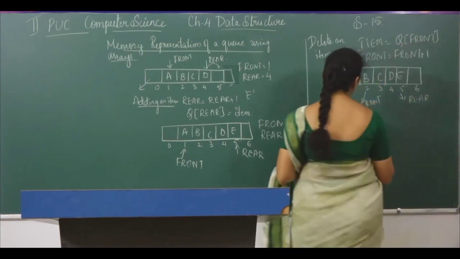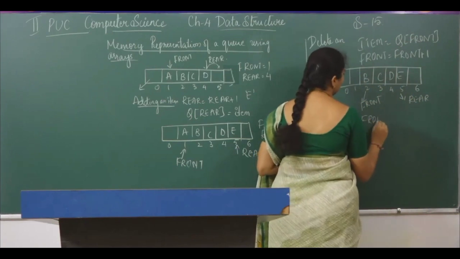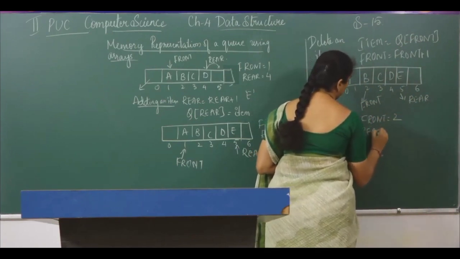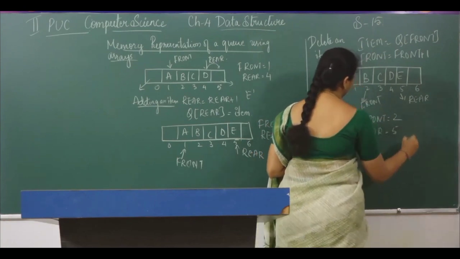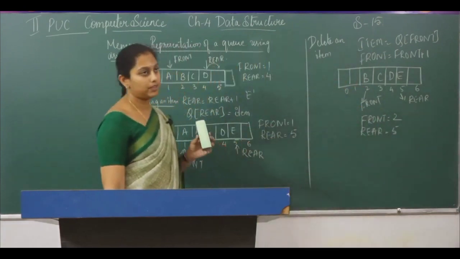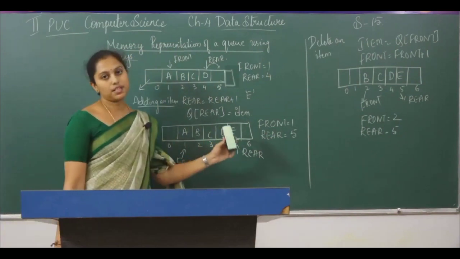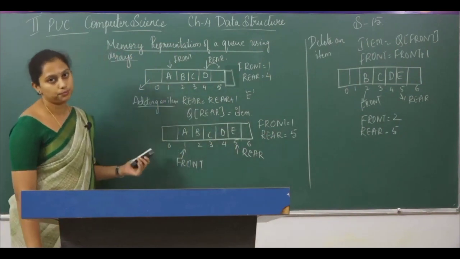Now front becomes 2 and rear becomes 5. So this is the array representation of a queue.